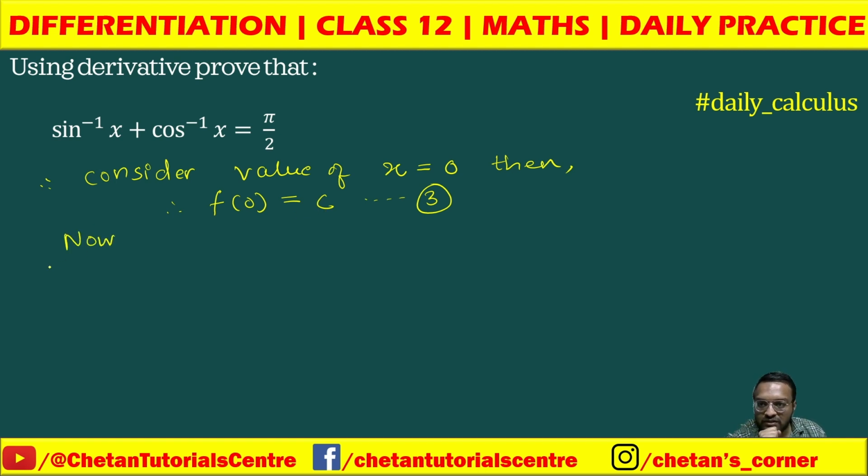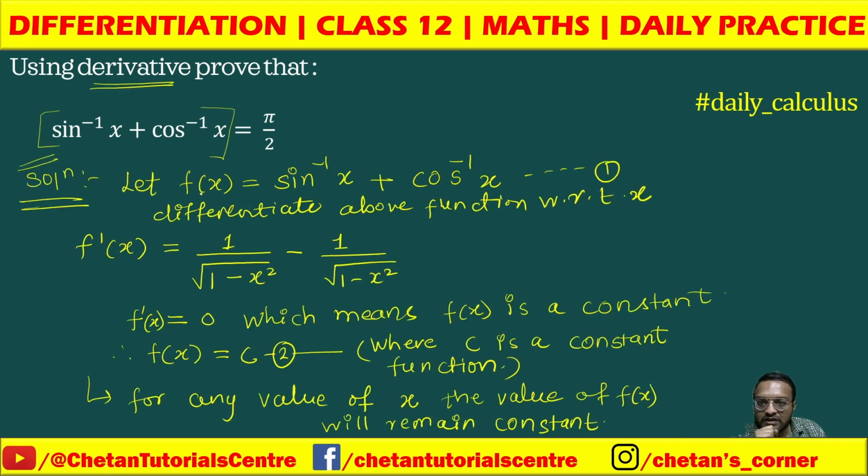Now what we will do? Put x equal to 0 in equation 1. What we will get? f of 0. We are going to replace x with 0.